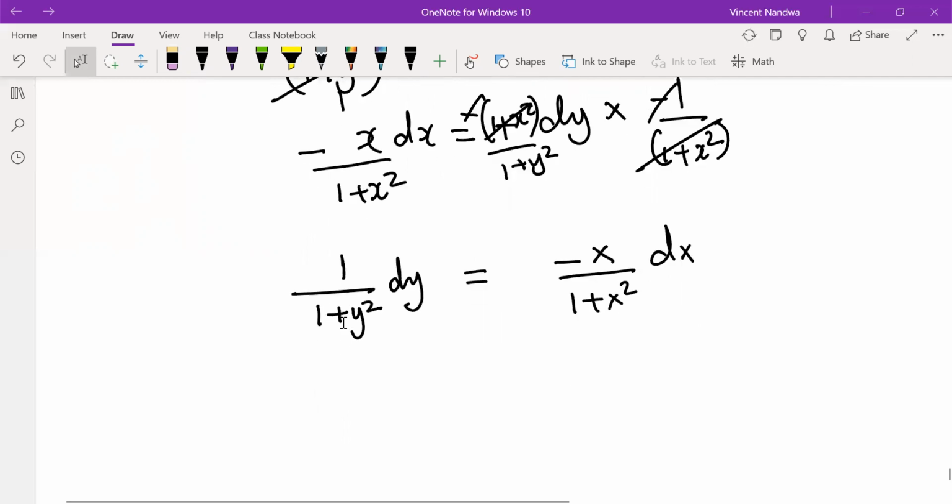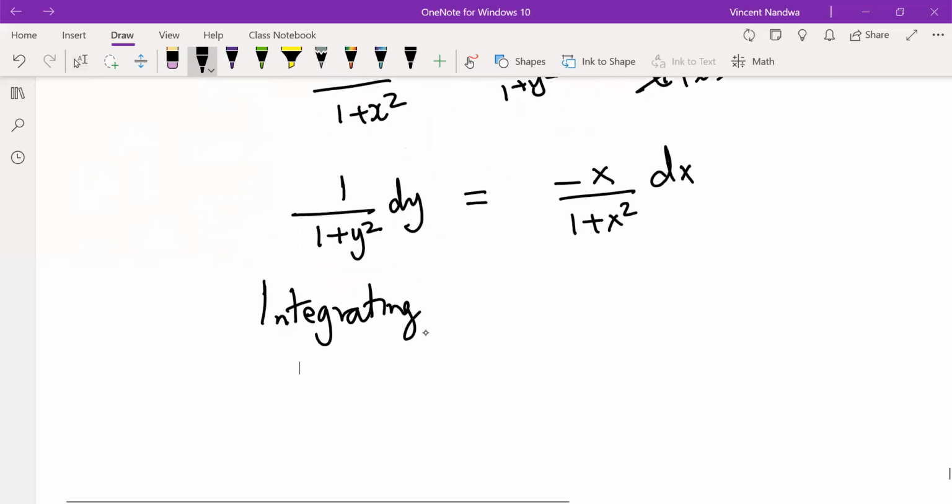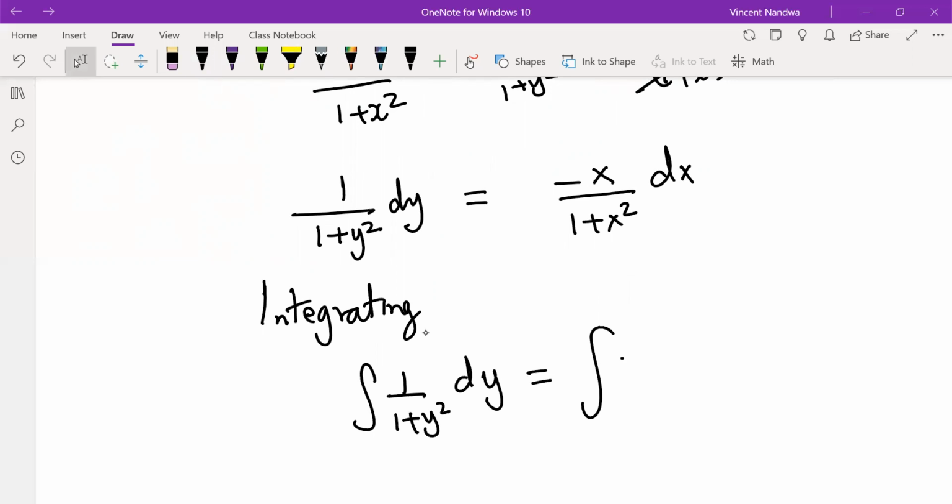So next we integrate. So integrating, we'll have the integral of 1 over (1 plus y squared) dy equals the integral of negative x over (1 plus x squared) dx.